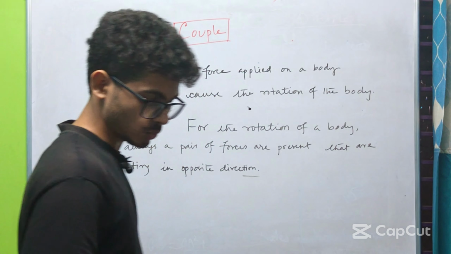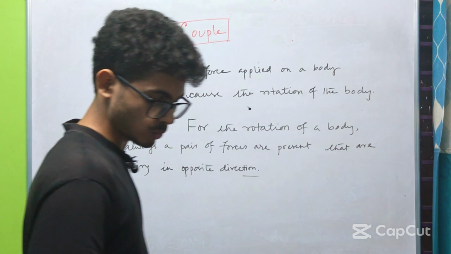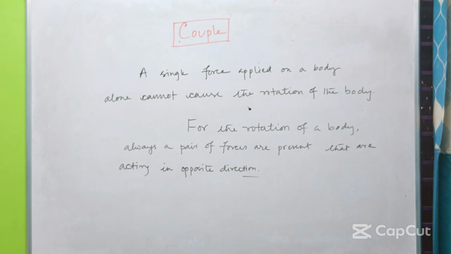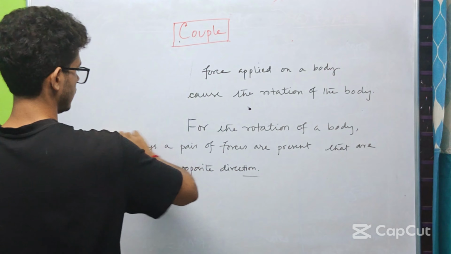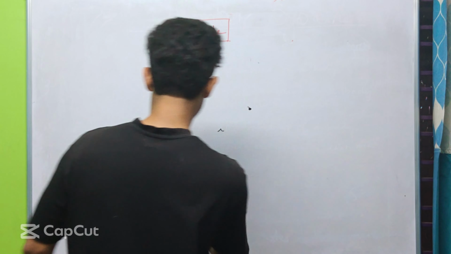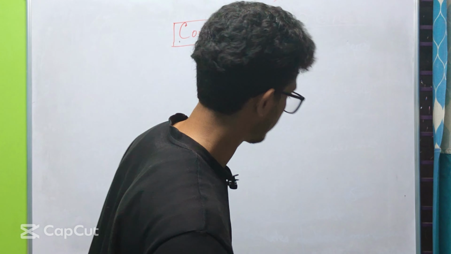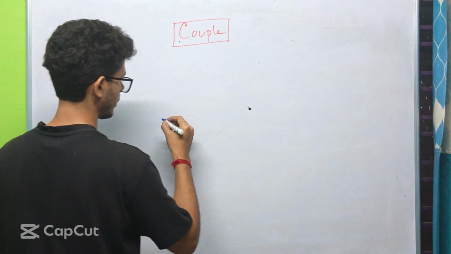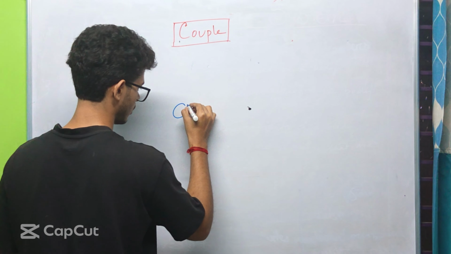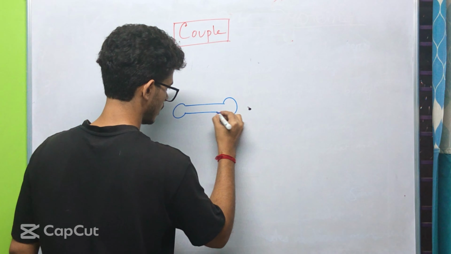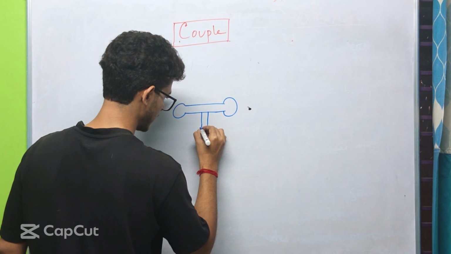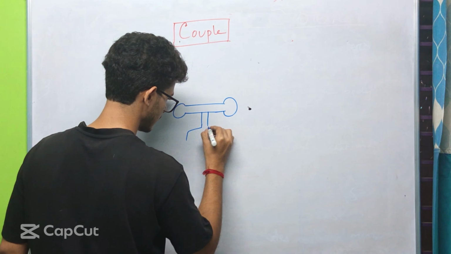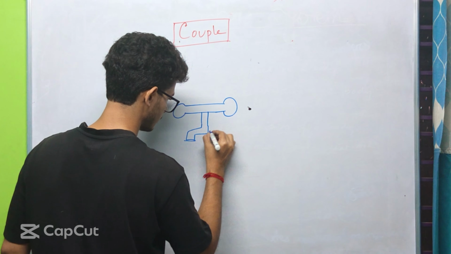If we want to understand it visually, we can use this diagram as reference. Let's say we are opening a tap. We have all seen and used a water tap. Let's say this is the tap.